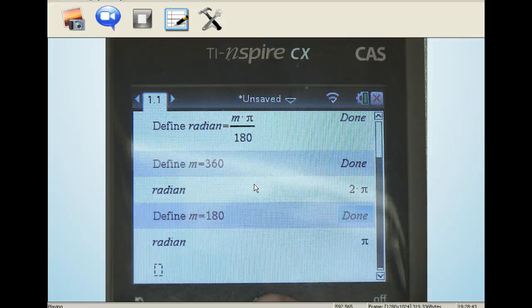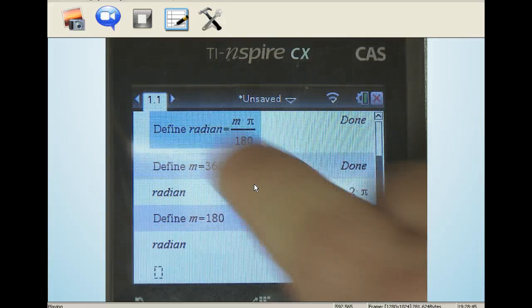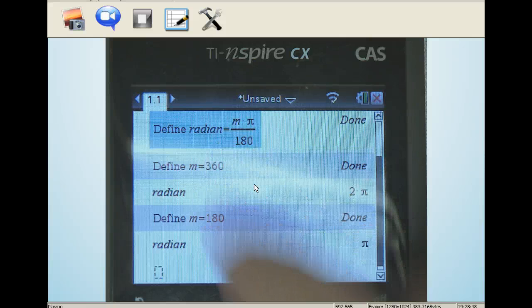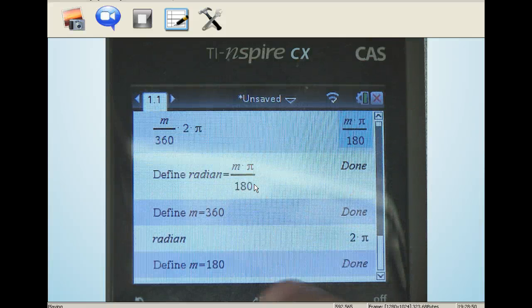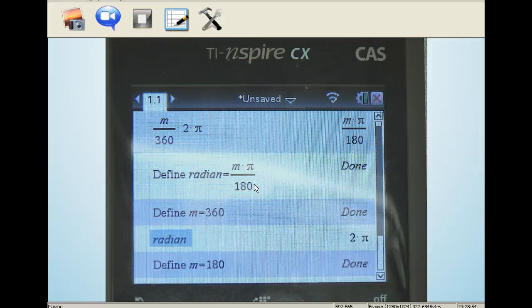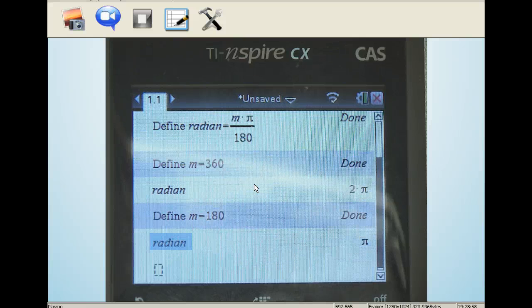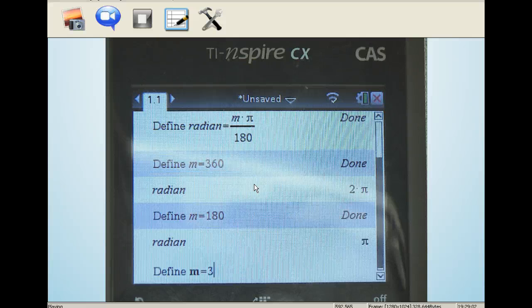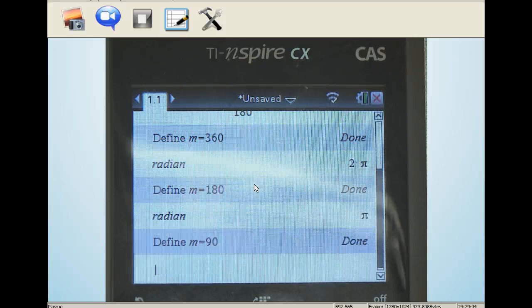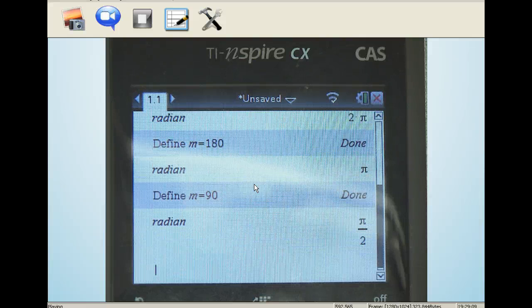Hey, is this kind of nice how I put that formula in, called it radian. Now my calculator knows that whenever I type the word radian, it can just run that formula and calculate it for me. All I have to do is put in the measure of the angle that I want to calculate it for. So if I want a 90-degree angle, then I can calculate its radian as pi over 2. Okay? So that's how we would do that.